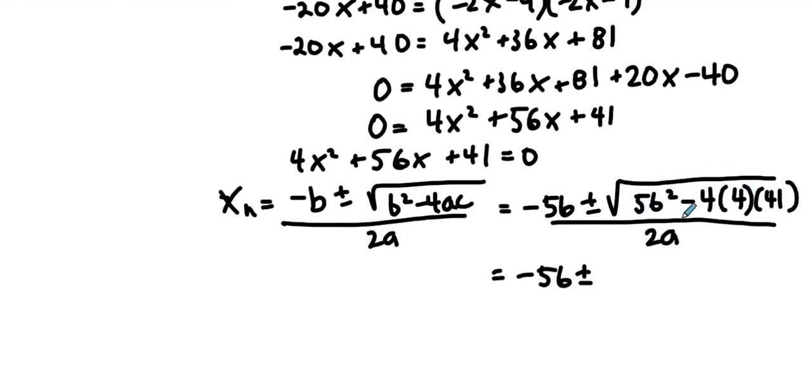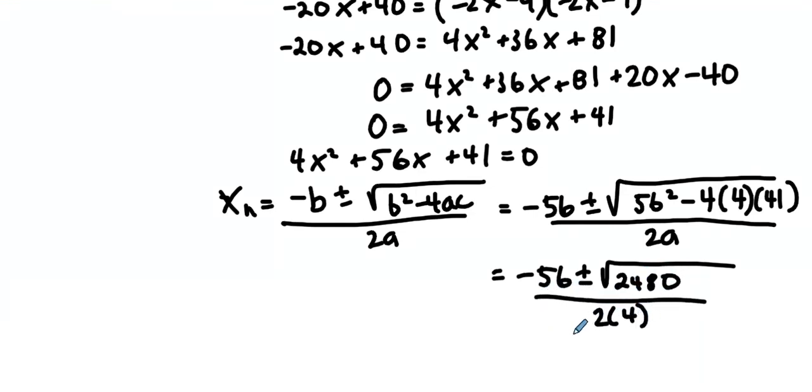So all of this in the calculator. I did this earlier just so I could go a little bit faster in the video. Is this here divided by 2 times 4. And this should give you negative 56 plus or minus a square root. So don't expect whole numbers in these problems, divided by 8.